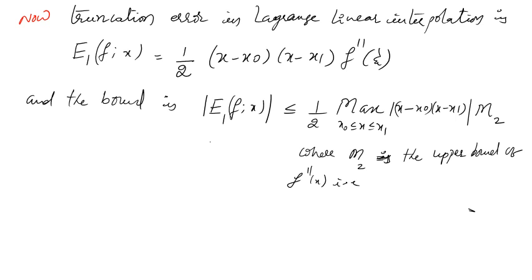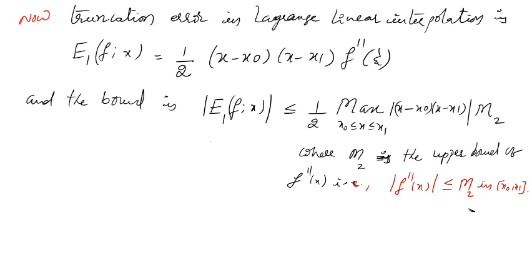That is, mod f double dash x is less than or equal to M2 in the interval x0, x1.